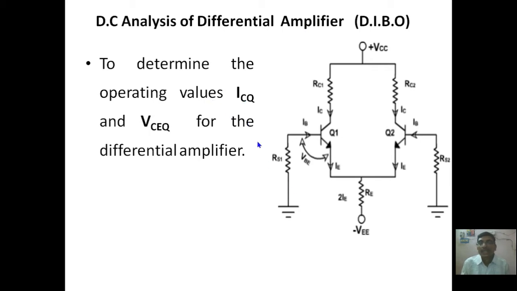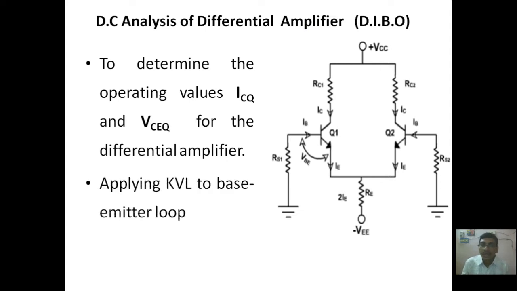To determine the operating point values, VCEQ and ICEQ, of a differential amplifier, we have to apply KVL to the base emitter loop. Here is the base emitter loop. We can do the analysis for one transistor amplifier section, that is enough. If you apply KVL to this base emitter loop, we get minus IB RS minus VBE minus 2 IE RE plus VEE is equal to 0.